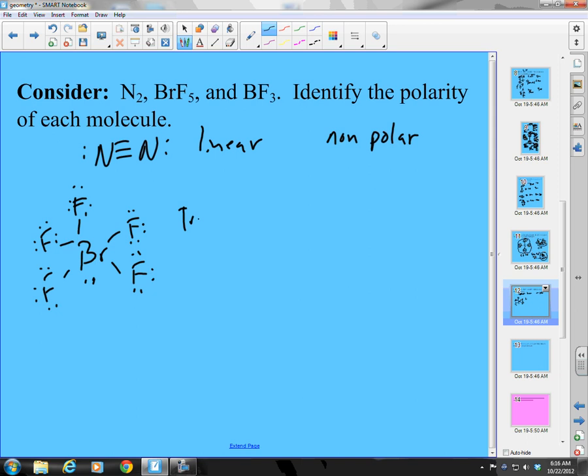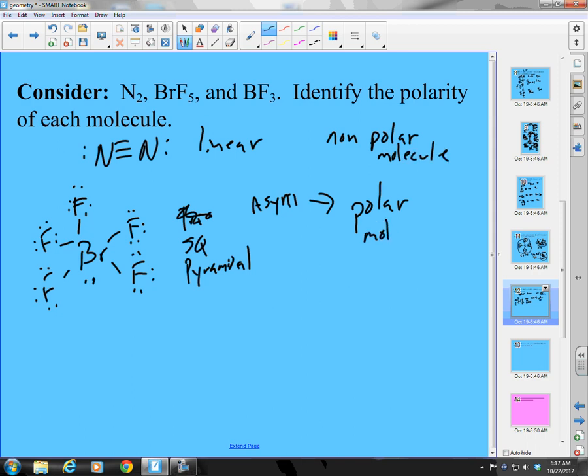This is not trigonal, it is square pyramidal, right? Square pyramidal, that is asymmetric. If it is asymmetric, then it is a polar molecule.